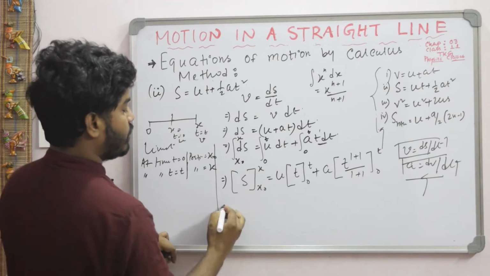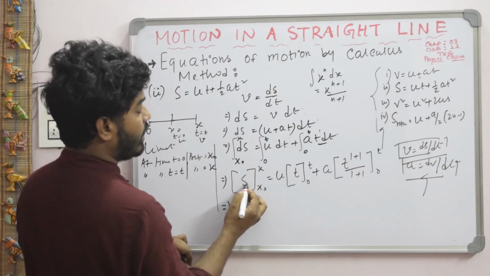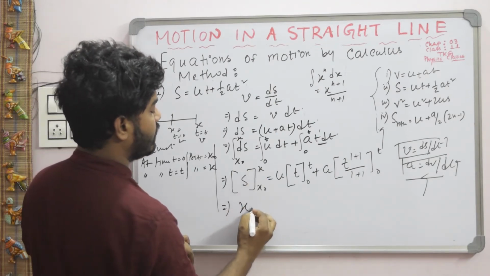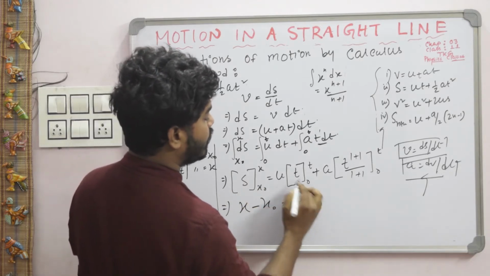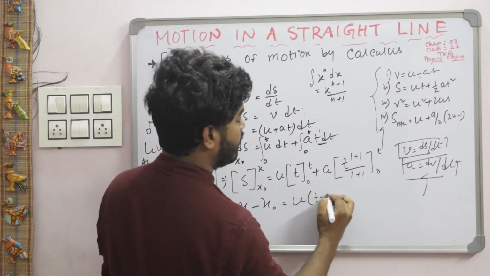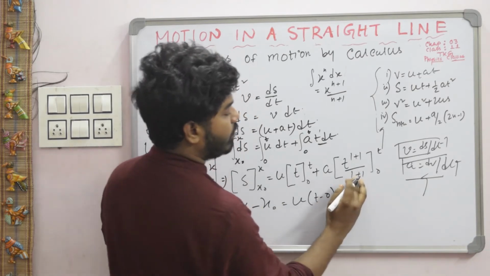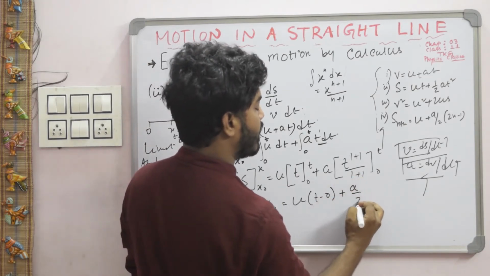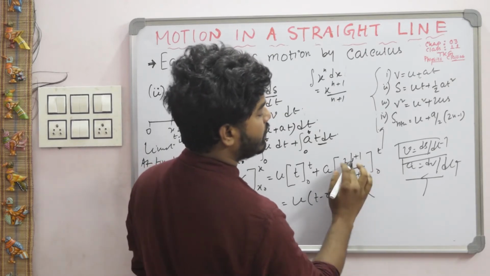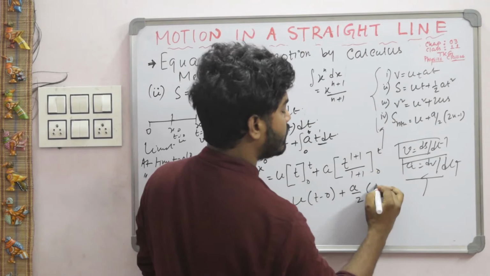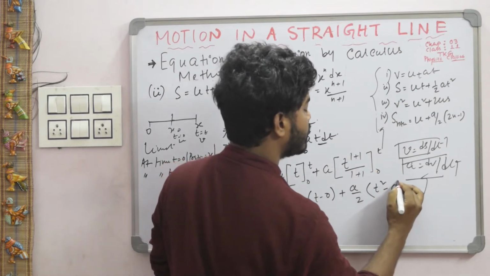So this one becomes, in the place of s, upper limit x minus lower limit x naught, u with upper limit t, lower limit 0, plus 1 plus 1, that is 2, so this one is a by 2, and t to the power 1 plus 1, that is t square, minus 0.